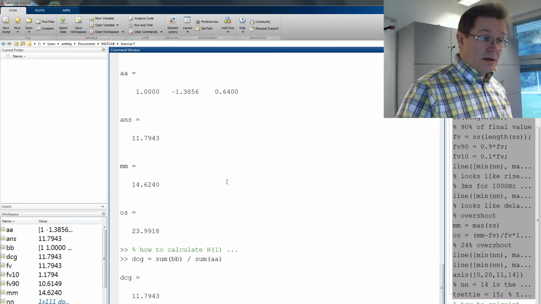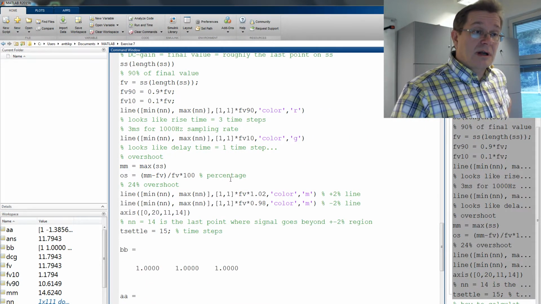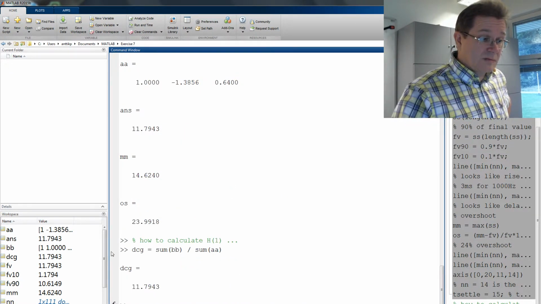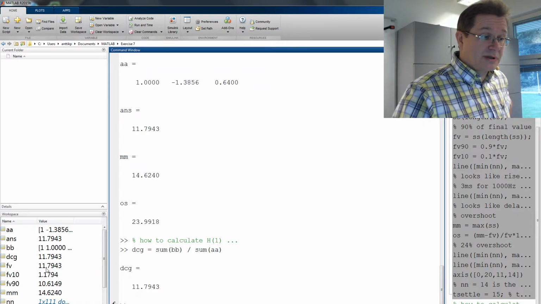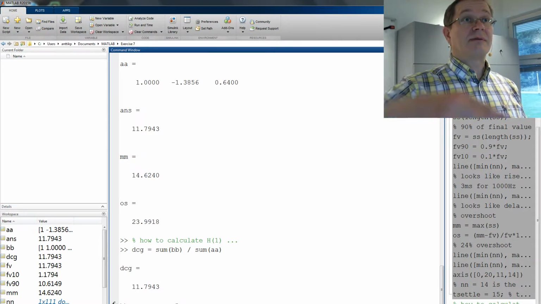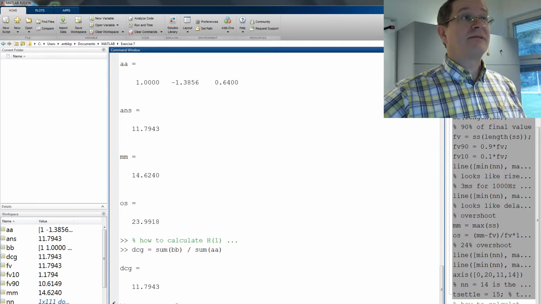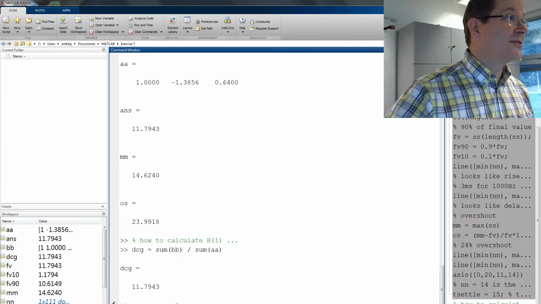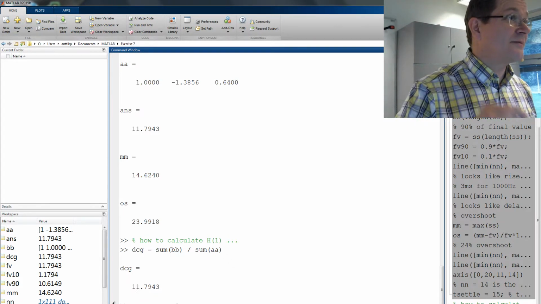11.7943, and how much did we calculate it in here? It was 11 point, well, it's quite the same, 11.7943. Let's see what the difference is here between the rough brute force method and this final value theorem.